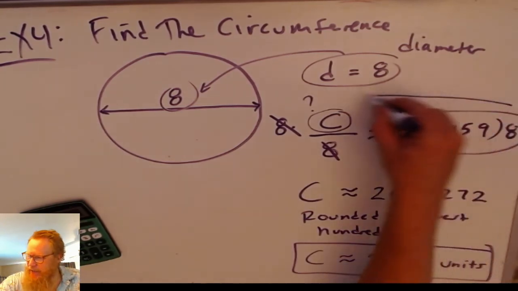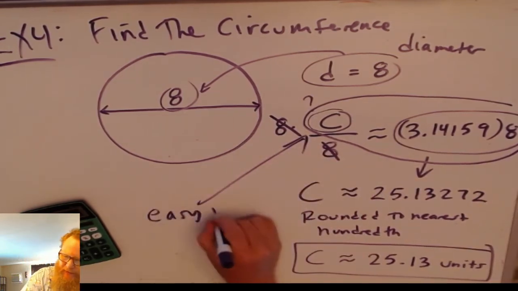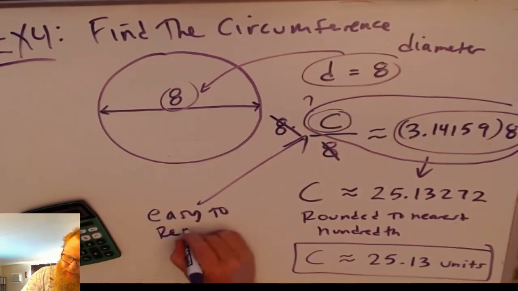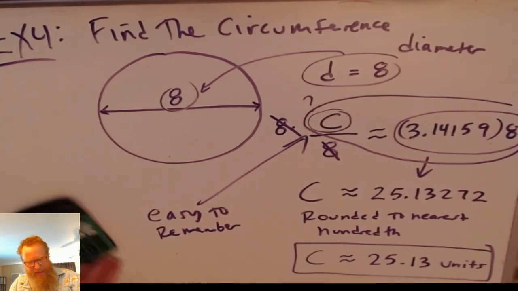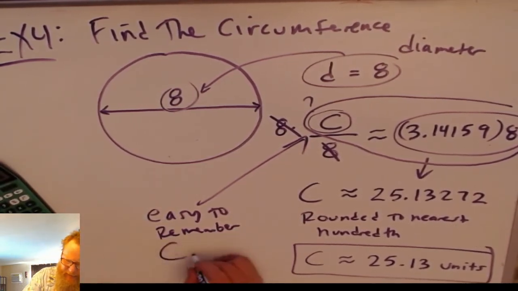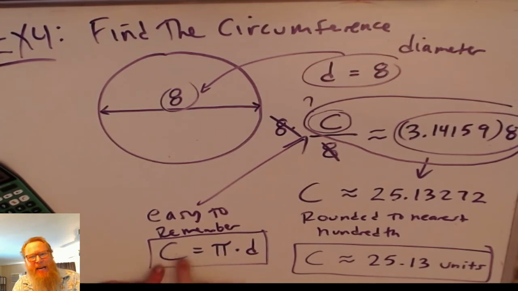And this gives us a very nice formula. C is pi times d. C is pi d, or pi times d. You actually don't need to use the dot.